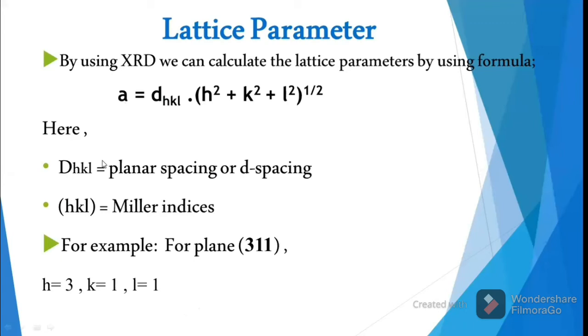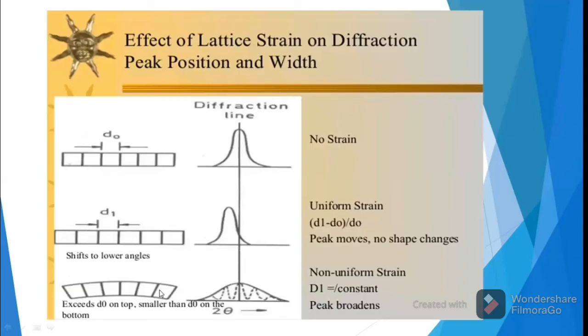Now for d HKL, this d should be small. Planar spacing or the d spacing, HKL Miller indices. For example, for plane 3, 1, 1, H is equal to 3, K is equal to 1, and L is also equal to 1. By substituting their values, we can get the lattice parameter.